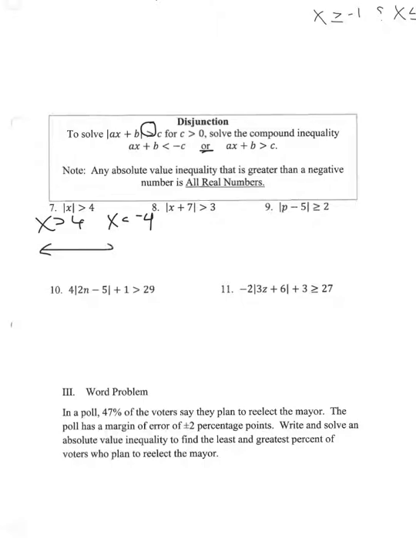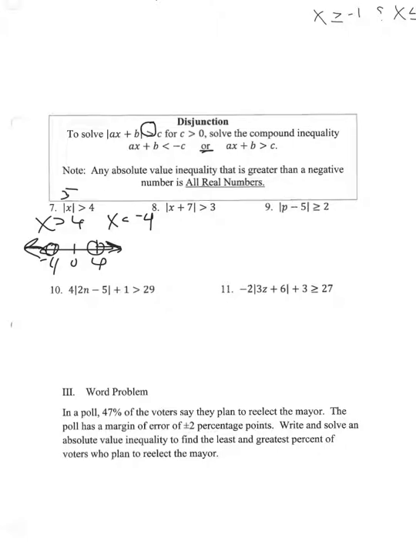So again, you can see that if I graph this, I have 0, 4, and negative 4. Greater than 4 is everything here and to the right. Less than negative 4 is here and to the left. So choose the numbers. This really demonstrates why you have to flip it. If I choose a number greater than 4, say 5, and I plug 5 in, the absolute value of 5 is 5, and that's greater than 4.